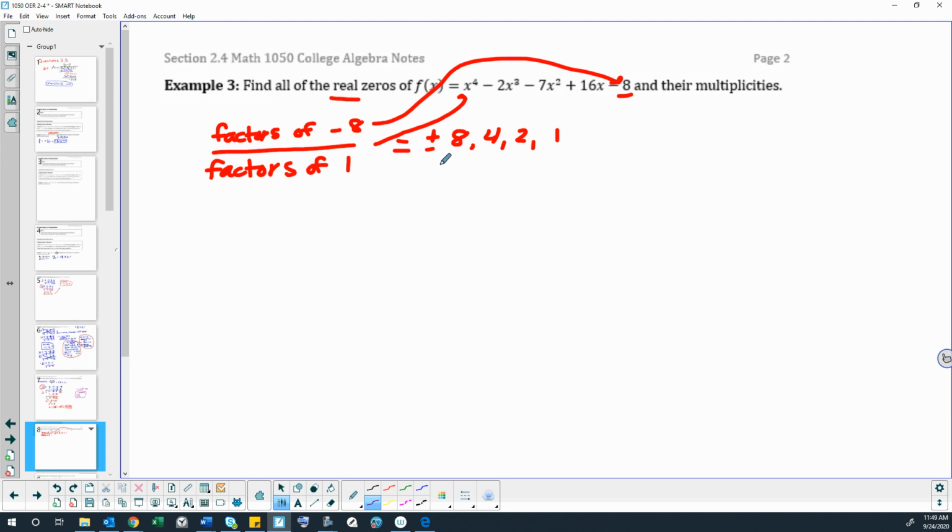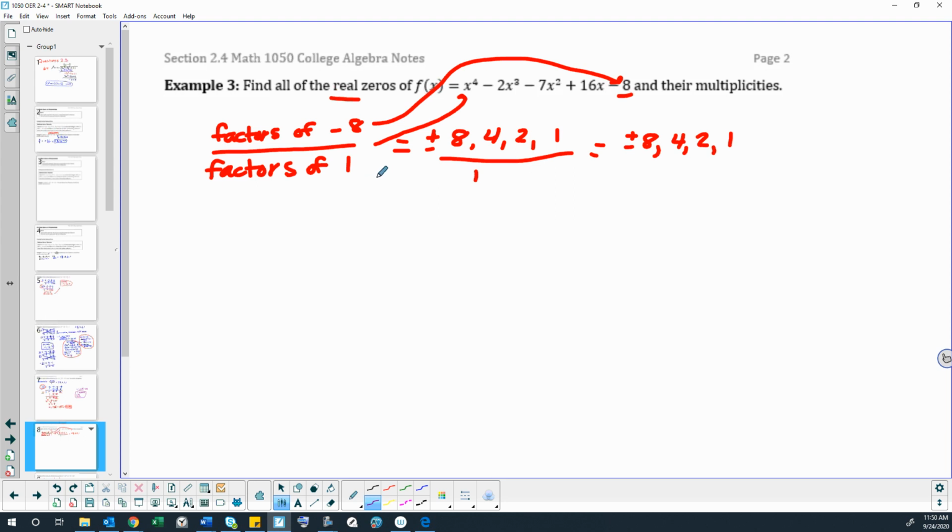And then we have factors of 1, which would be positive or -1. But what happens when we divide by 1? We just get all the same numbers. It's not going to matter like it did in the last one. The last example we did had a 3/2 in it and a 1/2 in it. This one is all going to be just those whole numbers.